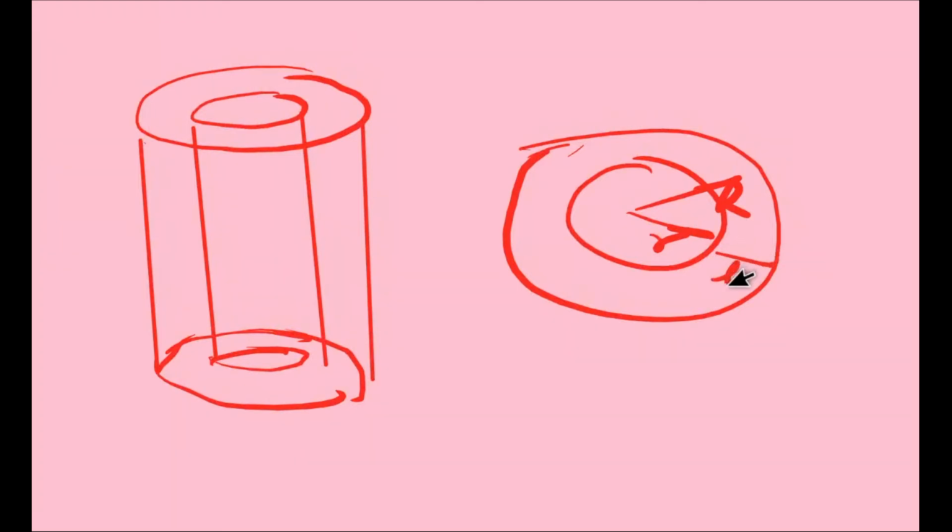This is the thickness. Then outer radius equals inner radius plus thickness.